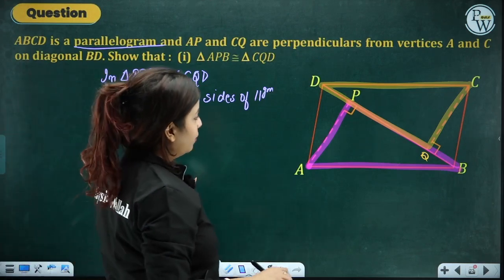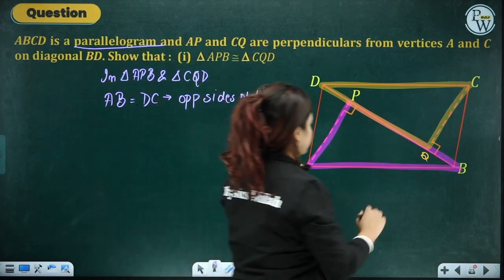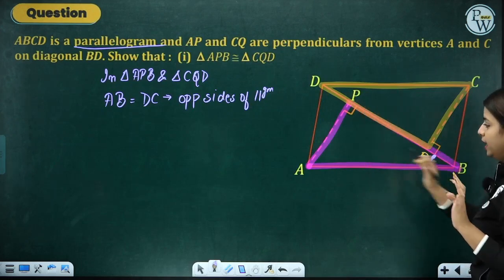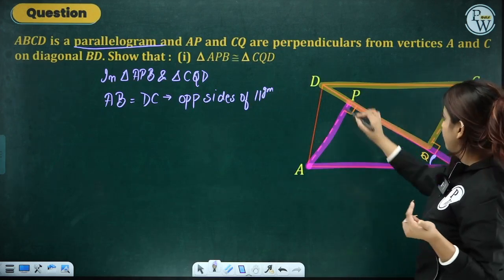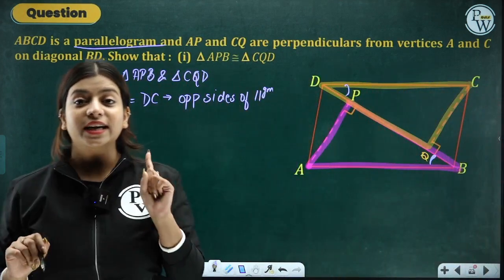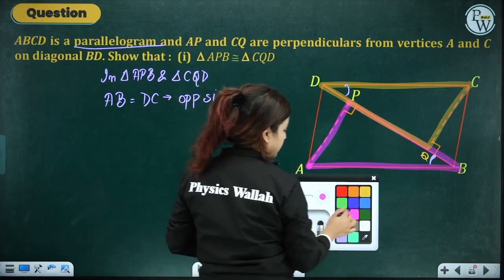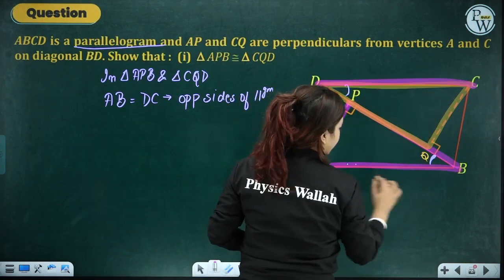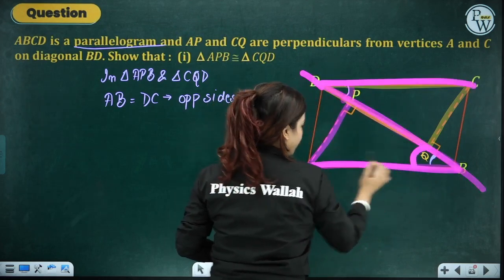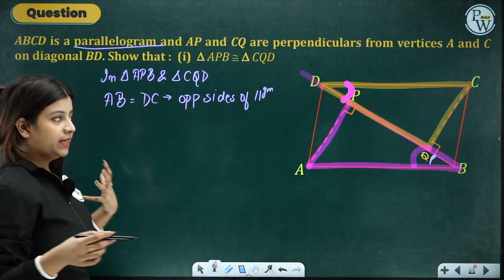The next thing we have in this particular part is that this angle PBA will be equal to this angle CDQ because these are alternate interior angles. How are they forming alternate interior angles? Just see. This line is parallel to this line and this is the transversal, right? So this angle will be equal to this angle by alternate interior angles.